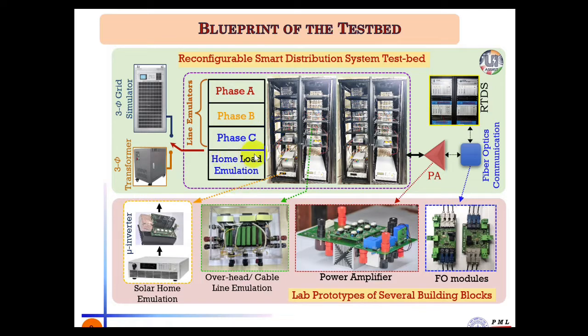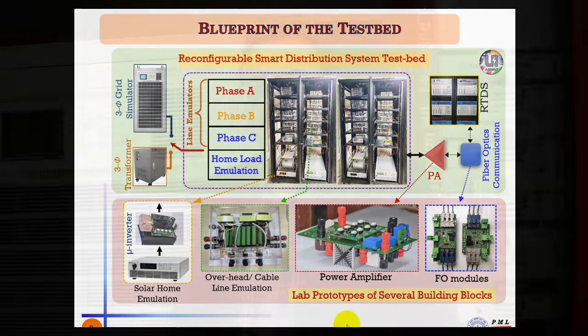The load part will be on the bottom of the rack. Like I mentioned, many of these components are developed by our students. For example, this fiber optics communication module for PHIL simulation, power amplifier and home emulation etc. are developed by our students.